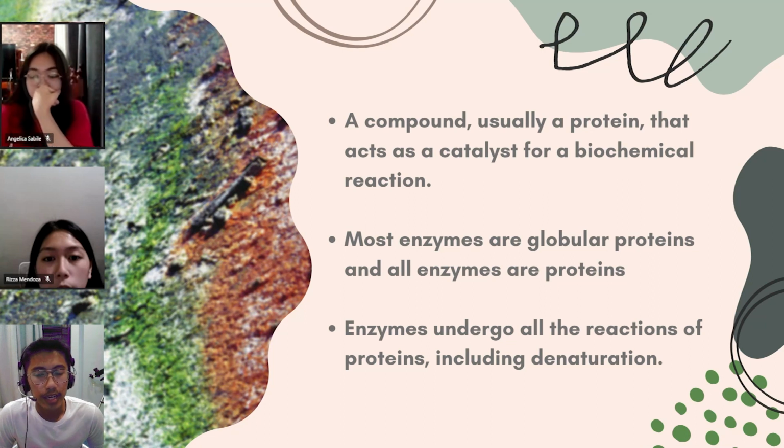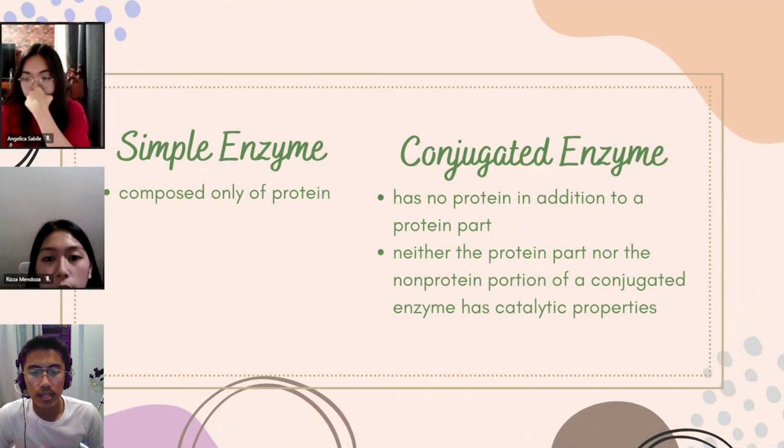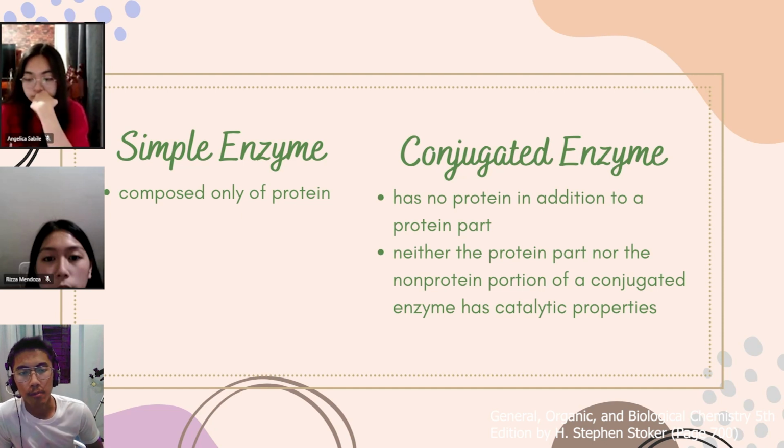Now, for the next slide, it will be the 2 general structural classes of proteins. Number 1 is the simple enzyme, which is composed only of protein, and number 2 is the conjugated enzyme. Now, there are 3 terms that you need to remember with conjugated enzyme. When we say apoenzyme, it is the protein part of the conjugated enzyme.